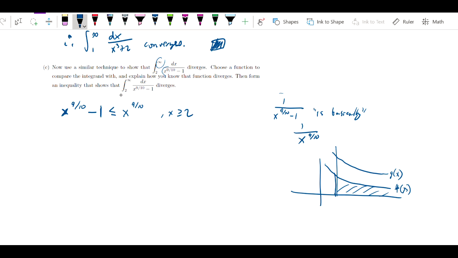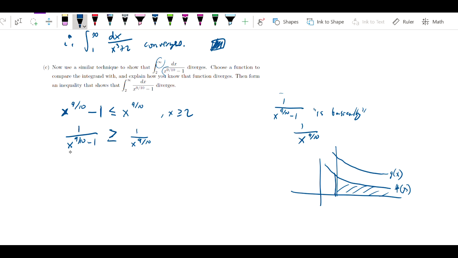So hopefully you agree with that statement, that if I take something and subtract 1, that's going to be less than just the thing where I don't subtract 1. Alright, so now we do that same operation again. We're going to take the reciprocal, 1 over x to the 9/10 minus 1, 1 over x to the 9/10, and when I do a reciprocal like that for positive numbers, I flip the inequality, so it becomes that.